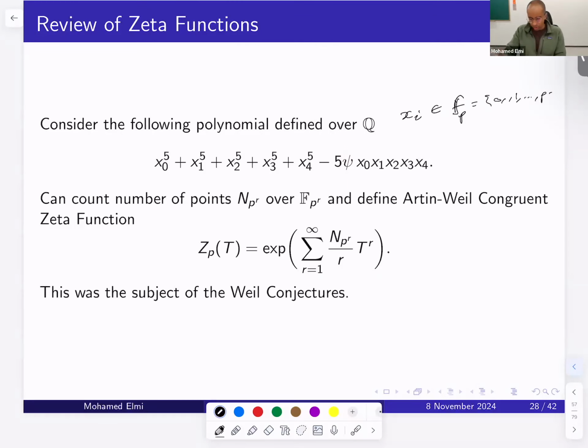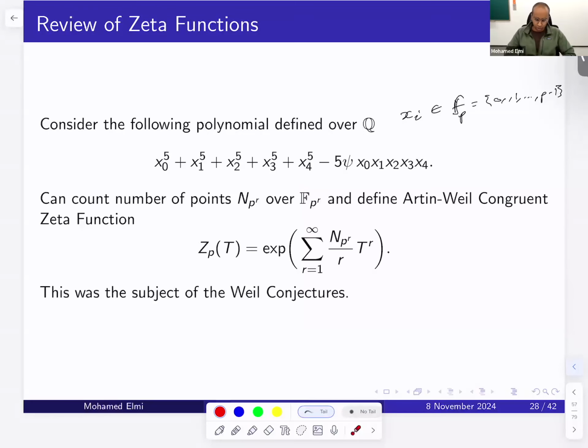And then you take some field extensions of this, you know, you take some degree d polynomial, which doesn't have solutions in this, you add them on, and just define F_p^r. And you can define a zeta function.